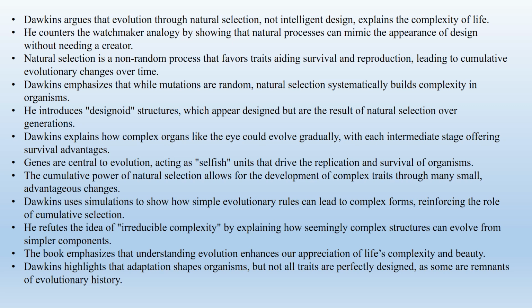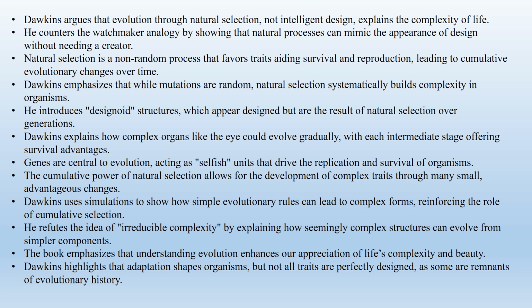The process is cumulative, with small incremental changes building upon one another over vast periods of time. This cumulative nature of evolution, Dawkins argues, makes the development of complex structures, like the eye or the wing, not only possible, but inevitable under the right conditions.